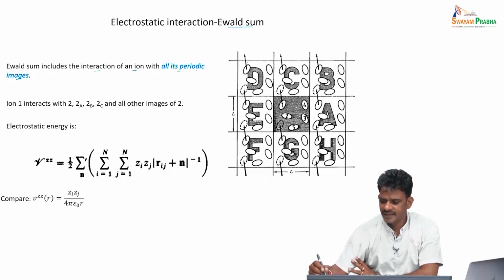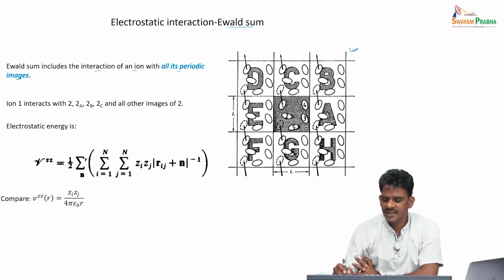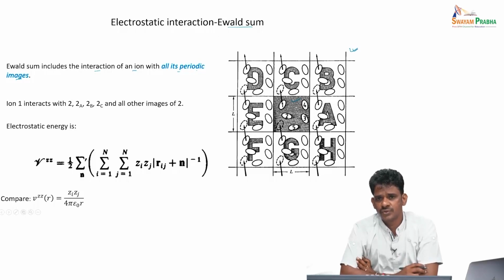You may recollect that this is a 2D representation of a periodic box. The one that is shaded here is the central simulation box, surrounded by many of its periodic images in 2 dimensions.